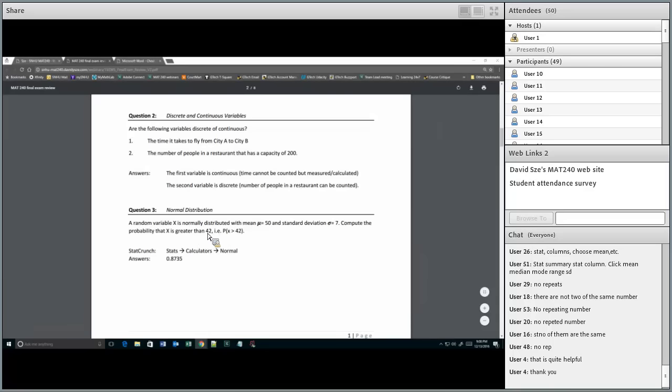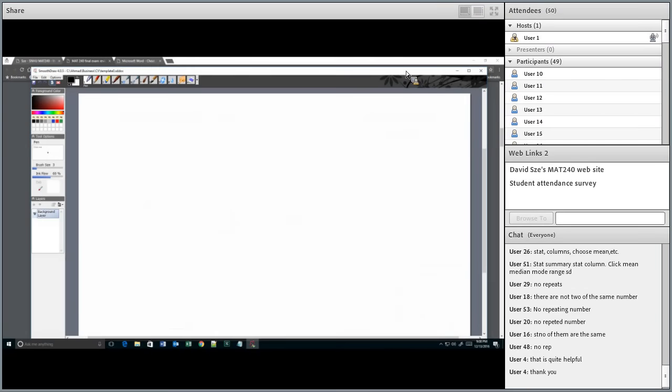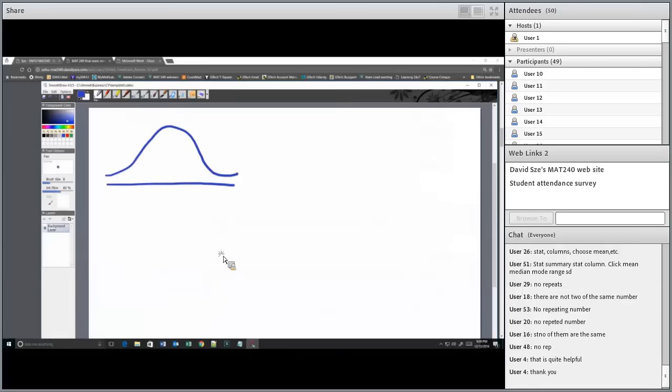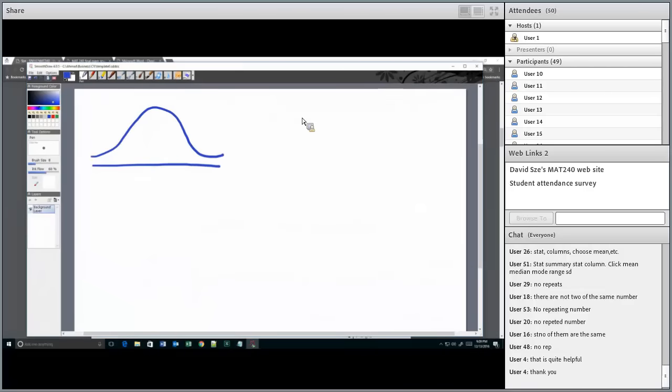So if I were to draw a normal distribution curve, I'm going to draw a curve. The mean is 50, so the mean is going to be in the center.